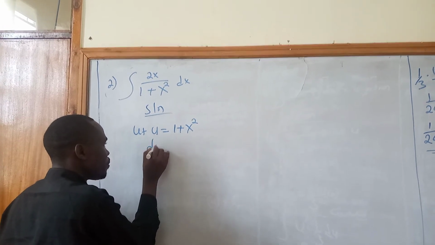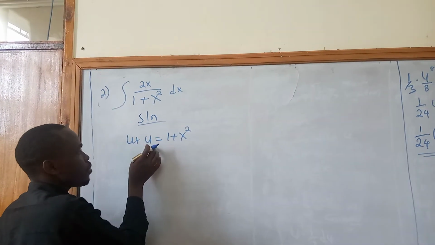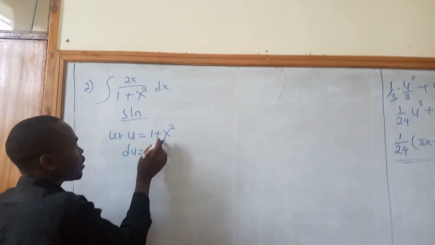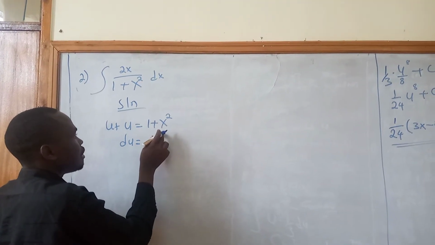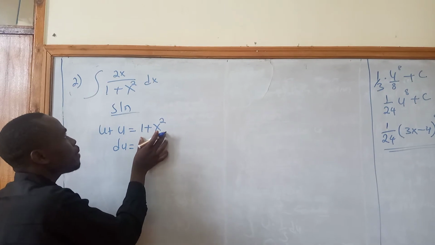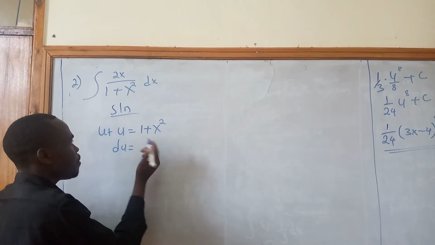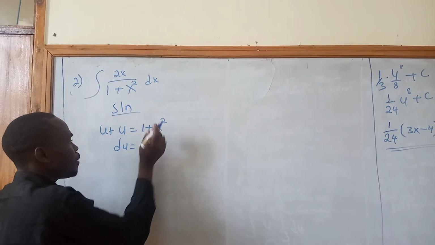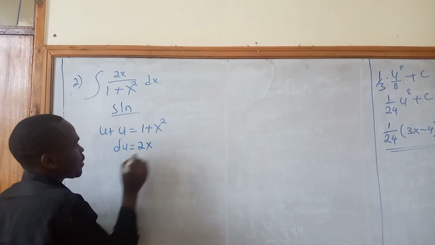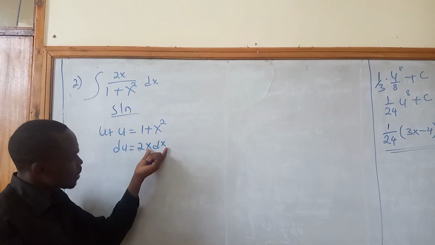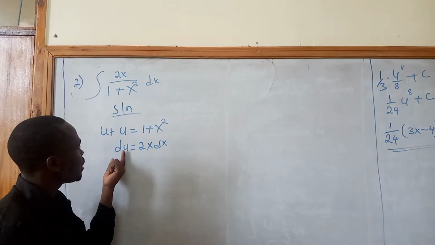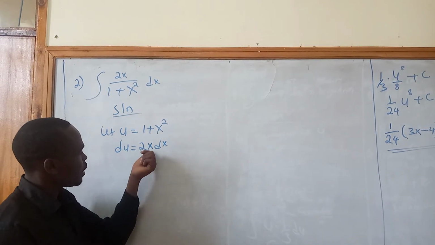Then the du, the derivative of u, if I differentiate this with respect to x, it will be very simple. I multiply the other side, it will be 2x dx. Why dx? Because I'm differentiating it with respect to x.